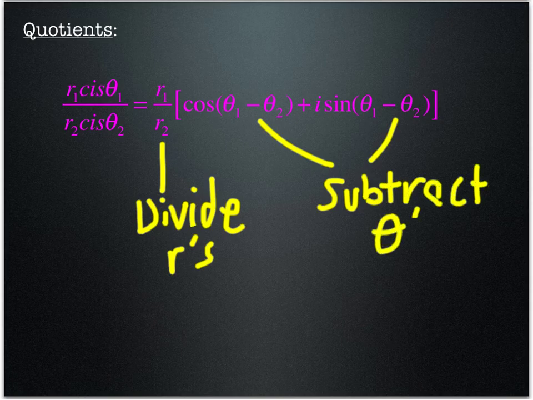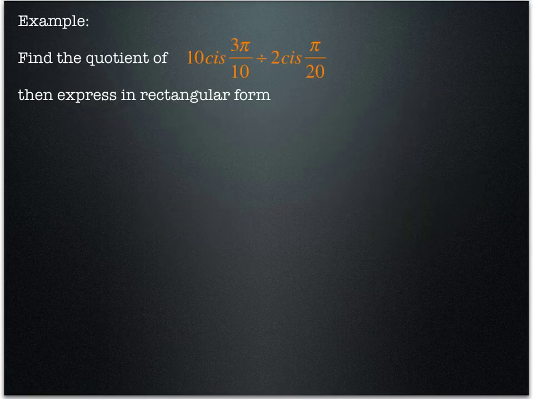So there's a nice connection between that and multiplication that you can hopefully see. Alright, now we're just going to do an example here. And here again, I have written this in trig form, but the abbreviated version, so 10 cis 3 pi over 10 divided by 2 cis pi over 20.